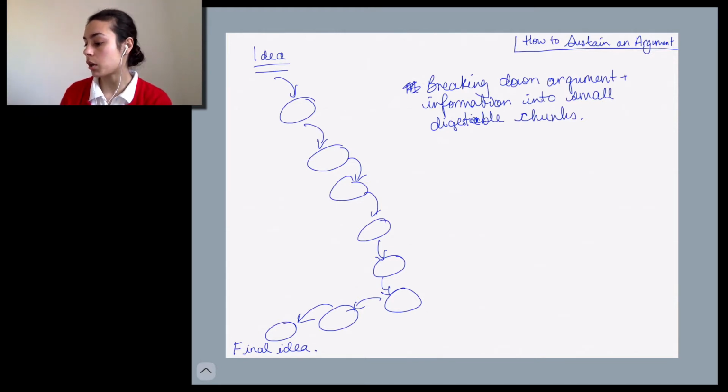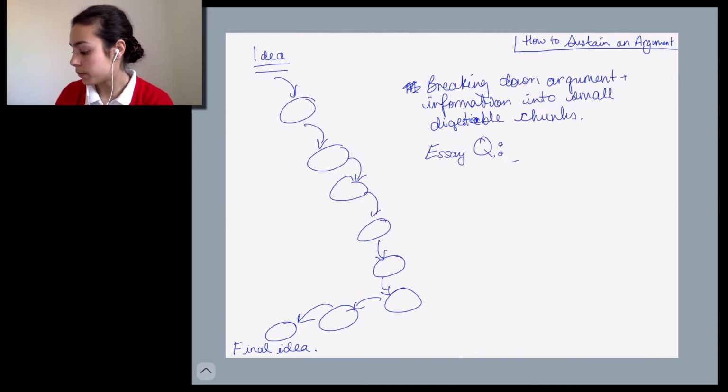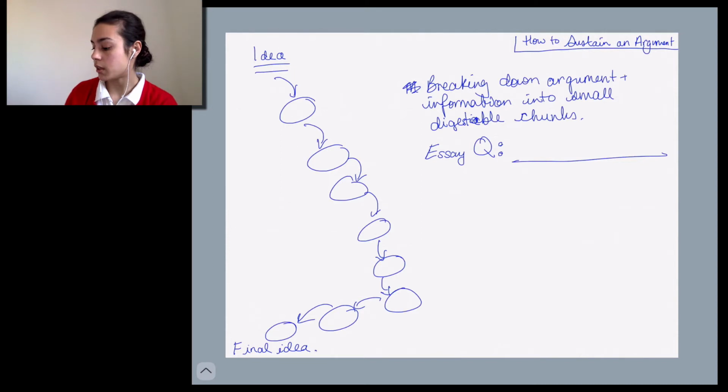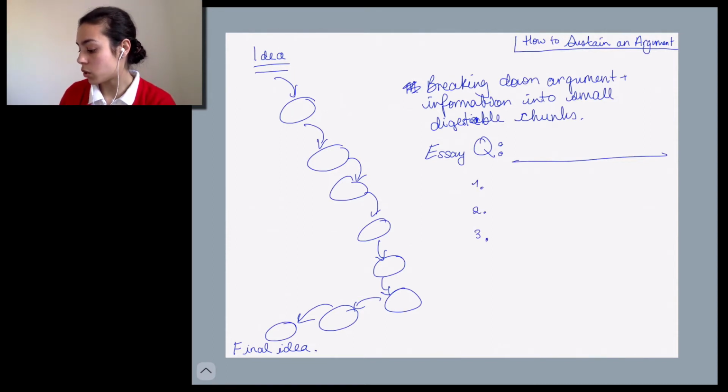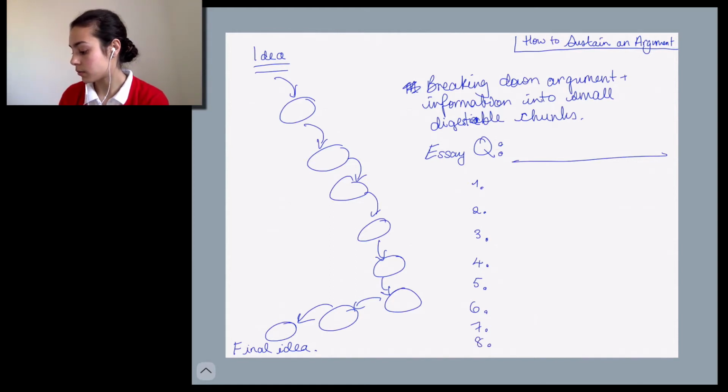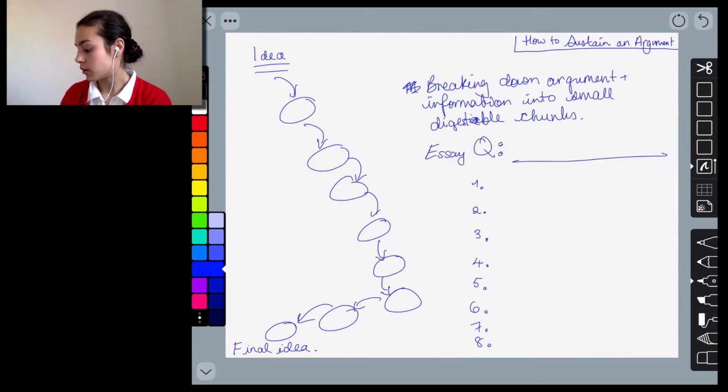So what you can do when we're looking at essays, you will take your essay question here, and then you need to think, what are your stepping stones? I'm just going to write those again.